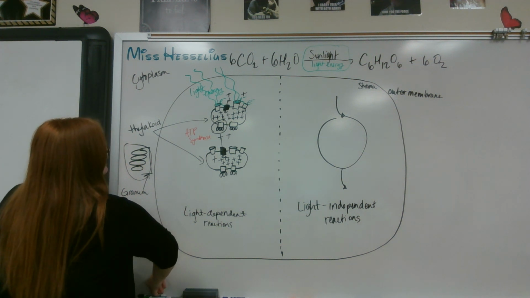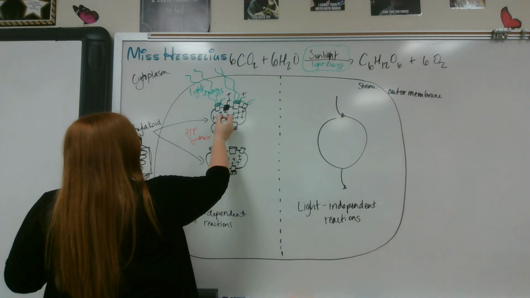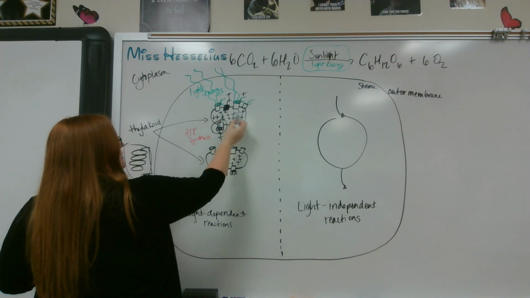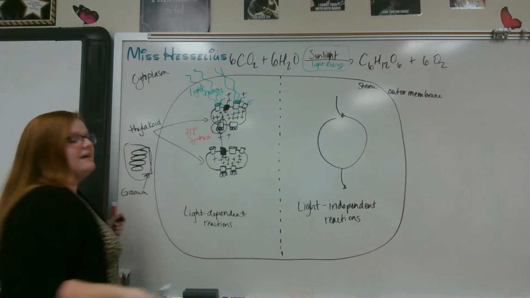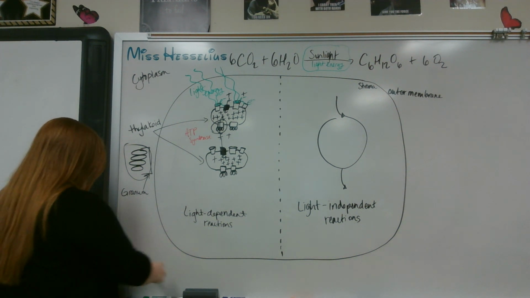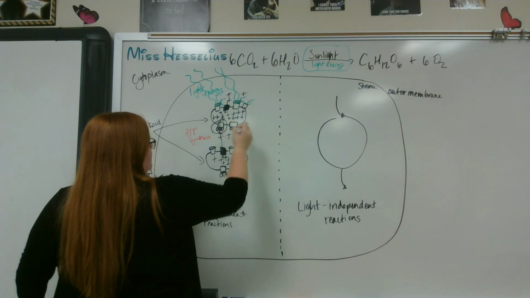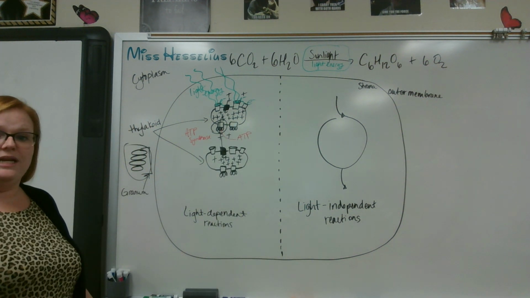All right, so when these protons flow through the ATP synthase from high concentration inside the thylakoids to low concentration outside the thylakoids, they make ATP by spinning.